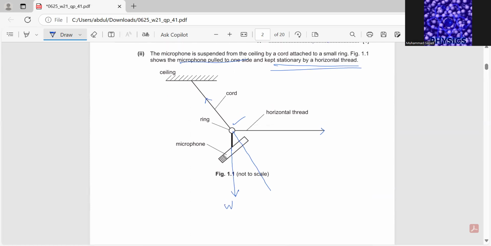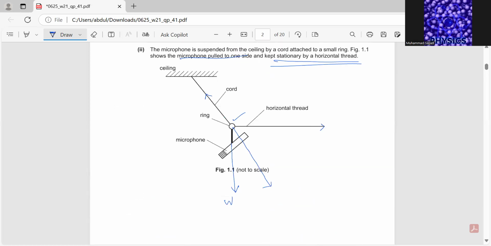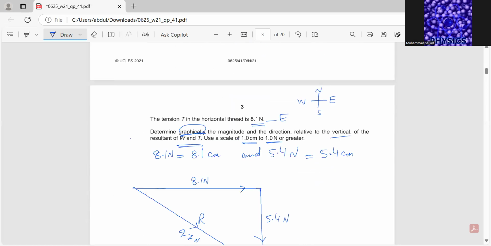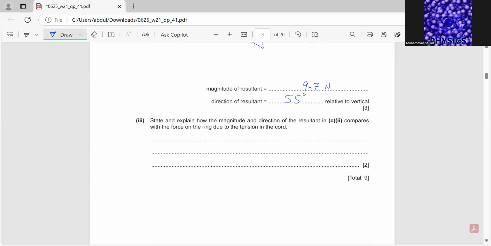You can see the resultant is in this direction. So their magnitudes are equal and they are opposite in direction. So they balance each other. That's why this microphone is kept stationary. It is in equilibrium. So, dear friends, I'm going to write they are equal in magnitude but opposite in direction and cancel the effect of each other.